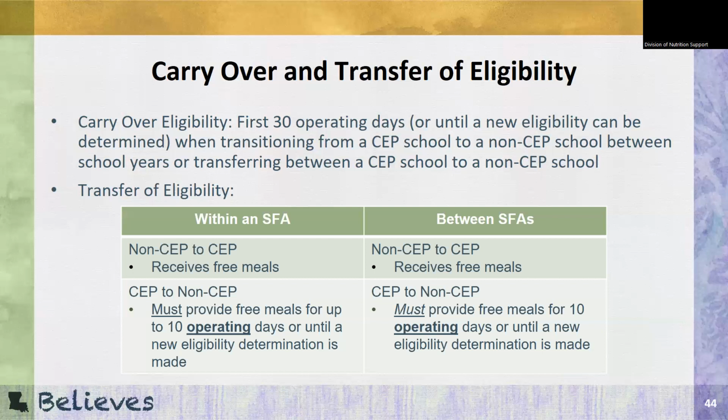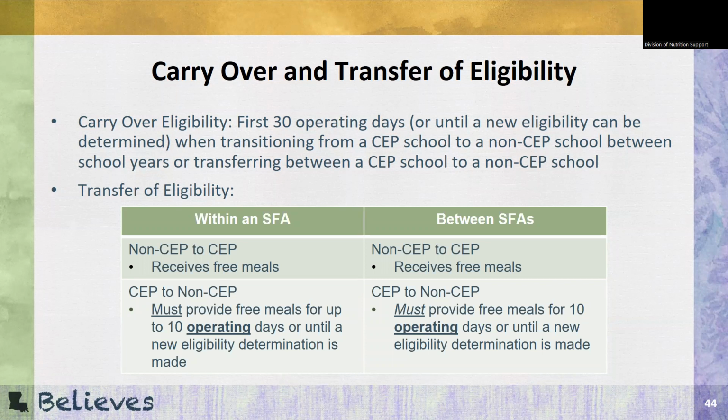Operating days are the days on which reimbursable meals are provided by a school or another program sponsor. Carryover applies to eligibility established through a household application or through direct certification. Meals served during the carryover period are claimed at the appropriate rate, depending on the individual child's eligibility status from the previous school year.